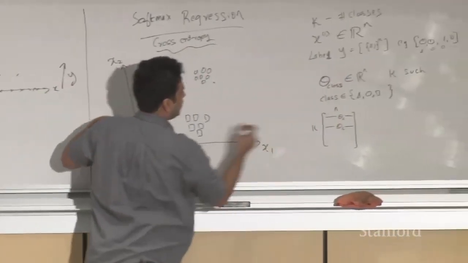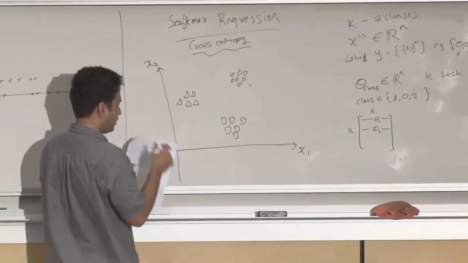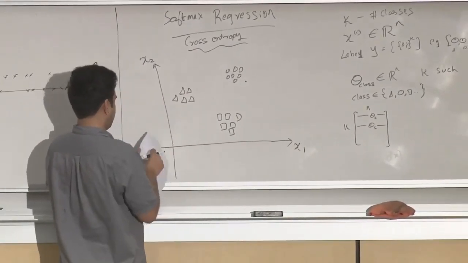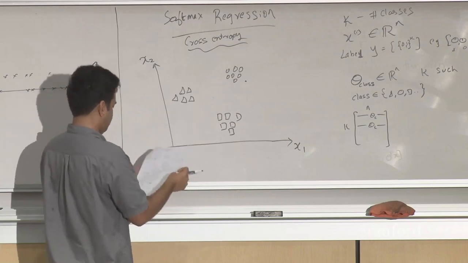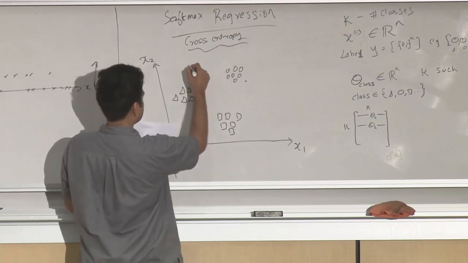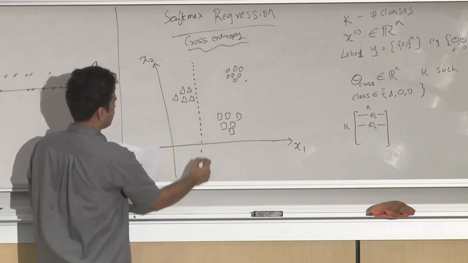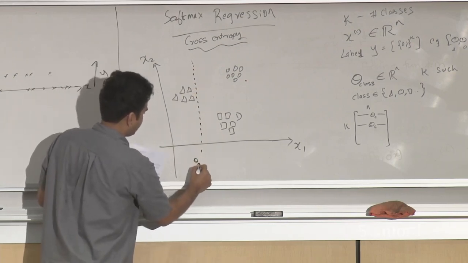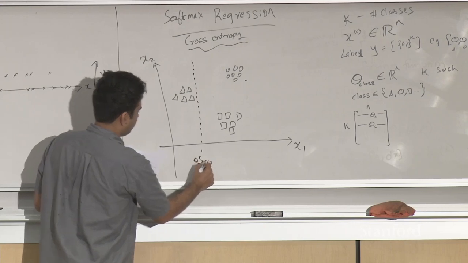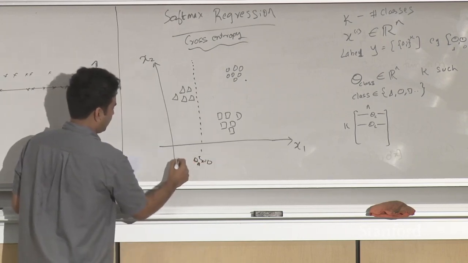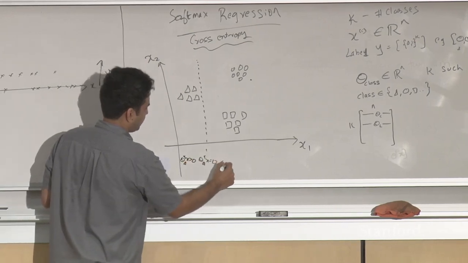Corresponding to each class of parameters, there exists this line which represents, say, theta triangle transpose x equals 0, and anything to the left will be theta triangle transpose x greater than 0, and over here it will be less than 0.